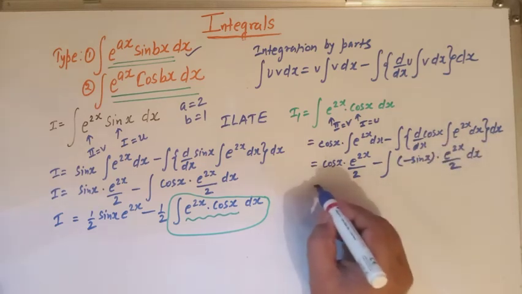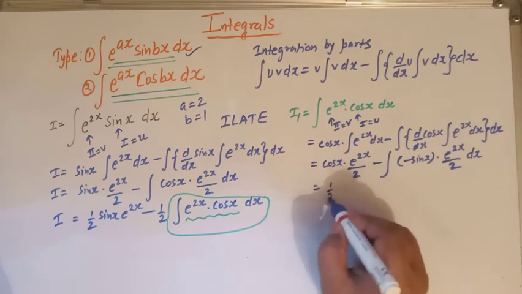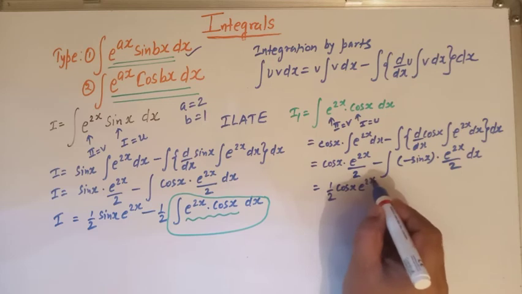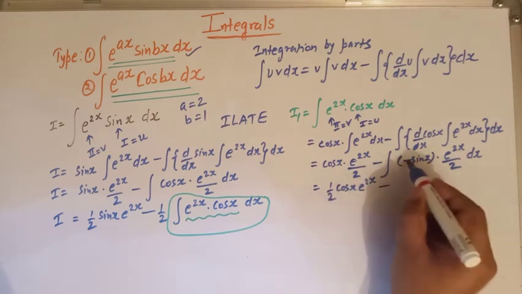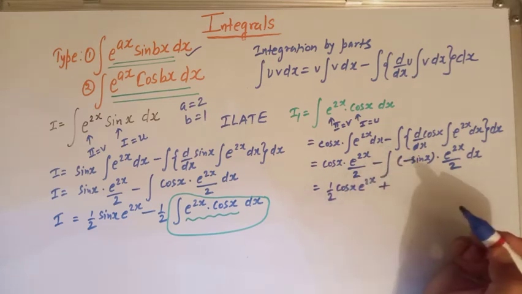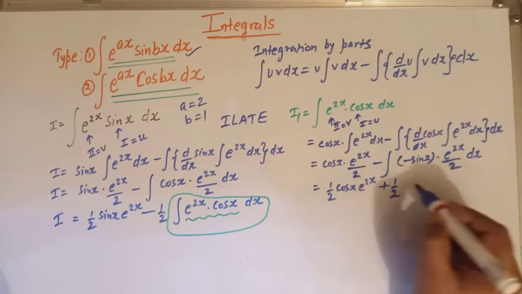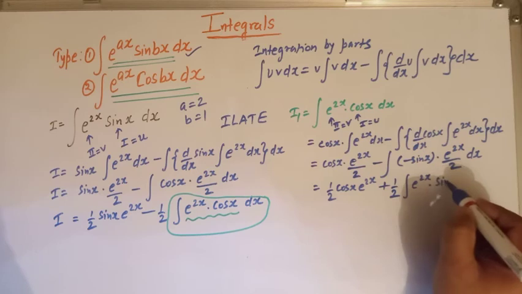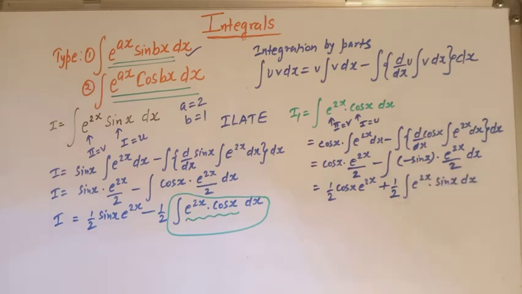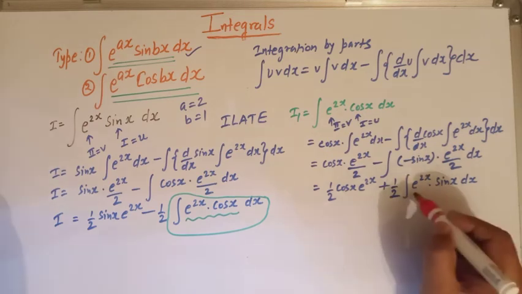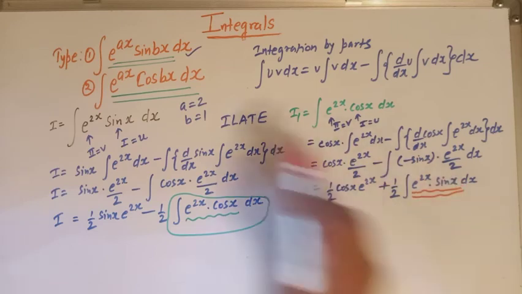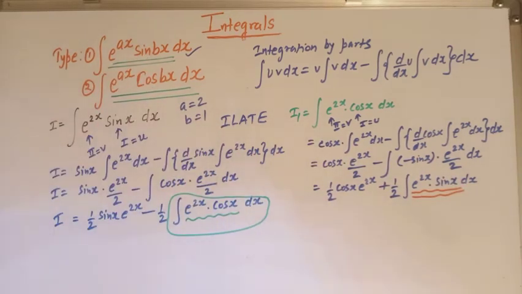Now this can be written as half cos x e raised to 2x, and this minus and this minus give plus, half the integral of e raised to 2x times sin x dx. Now here we see that again we have got an integral of this type.